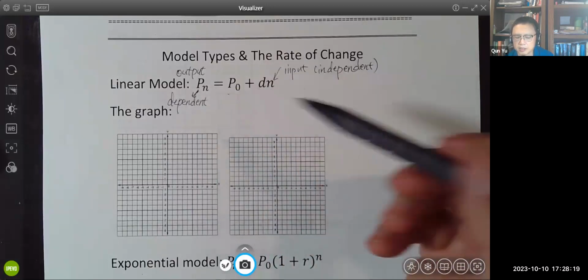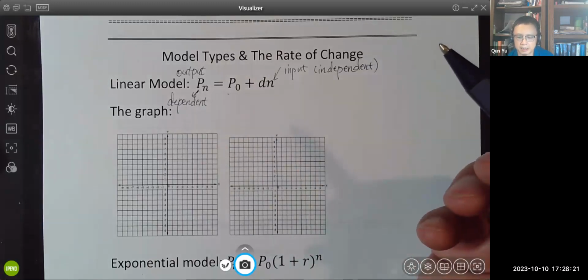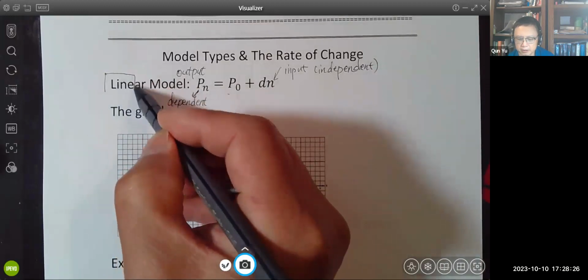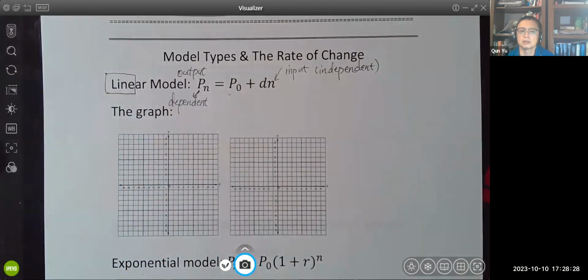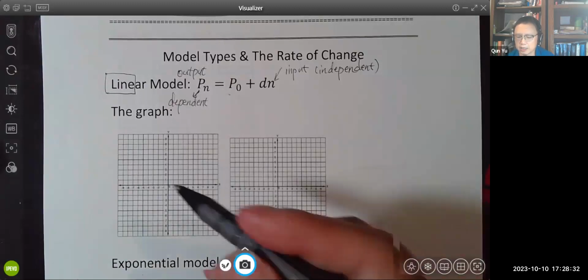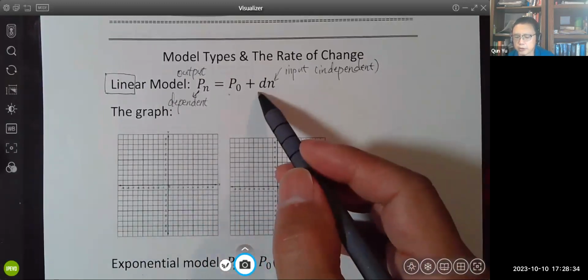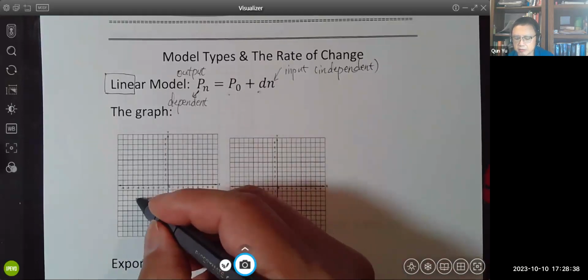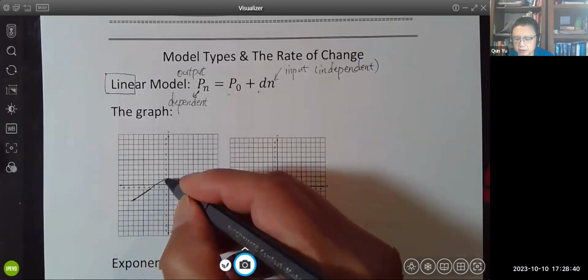And the graph of the linear model will be a straight line. Look at this word, linear, the first four letters. So the graph of the linear model is a straight line. If this growth rate is a positive number, you're going to see the line going up from left to right. Straight line.